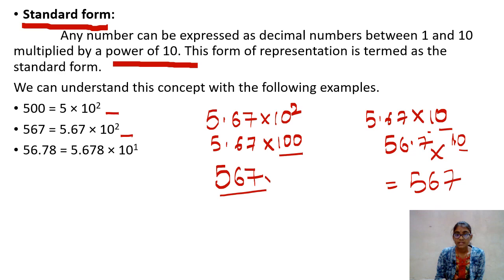Like this, if you want to write a number in standard form, it should contain a number as well as a power of 10, like 10 power 0, 10 power 1, 10 power 2. It should contain these two terms. So if you want to write 567 in standard form, it should contain a power of 10.